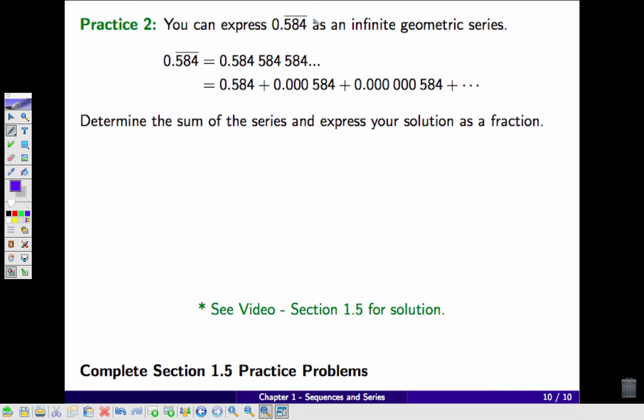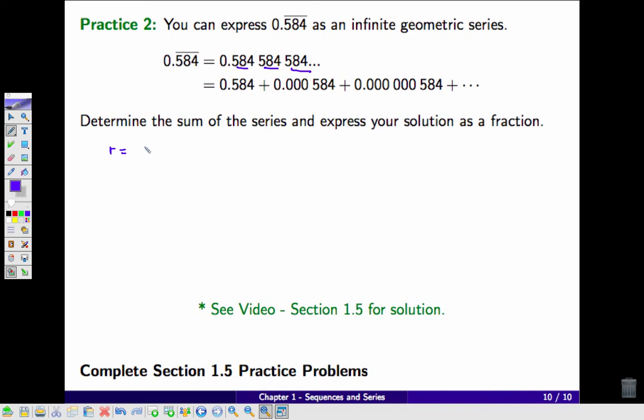If you have 0.584 where the whole term repeats, you're going to have 584, 584, 584. You can express this as a series. So let's determine the sum of this. It has to exist, because when we convert it to a series format, r will always be between -1 and 1.